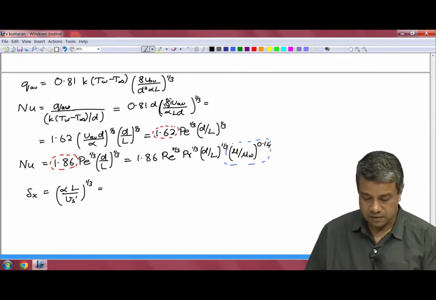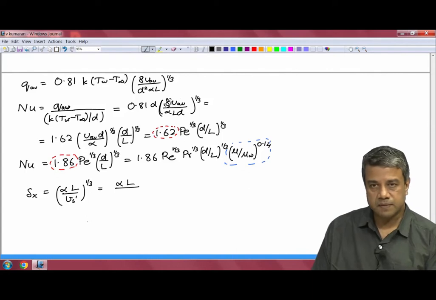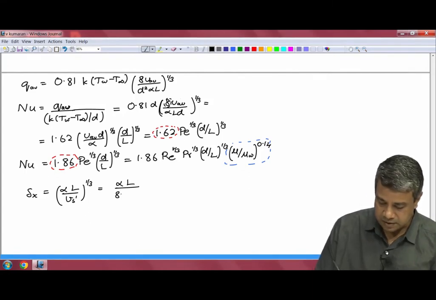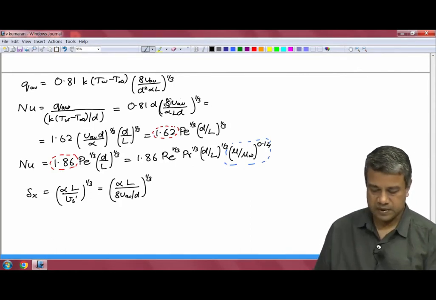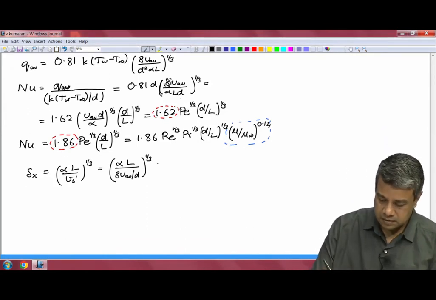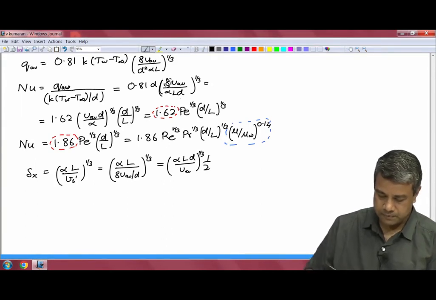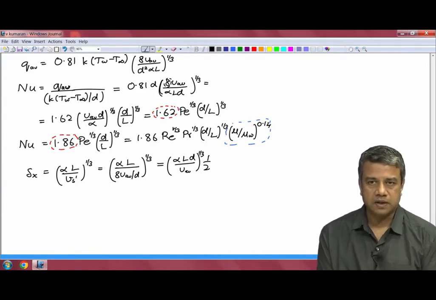And we have an expression for V s prime, which is equal to 8 V average by D. So this is equal to alpha L D by V average, power 1/3, into 1 by 2, because 8 power 1/3 is just 2.